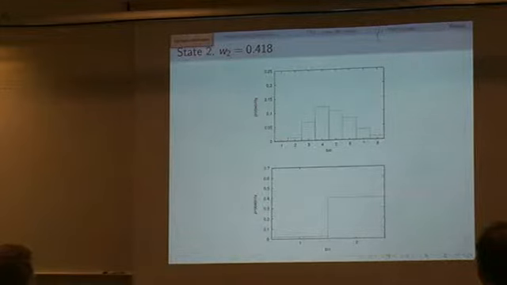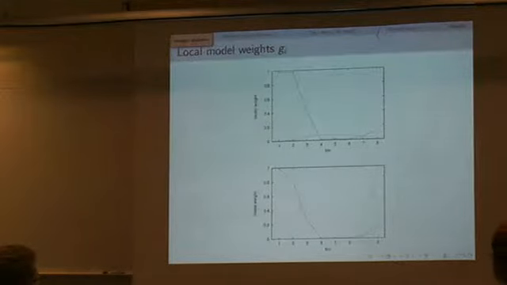Then we get a second state on intermediate X values and strongly concentrated on positive delta X. So this is when the trajectory is in the middle of the interval and runs upwards in X. It accounts for about 40% of the data. Then we have a third state on intermediate and high X values and on negative delta X values. So that's when the trajectory comes back downwards. The third state also accounts for about 40% of the data.